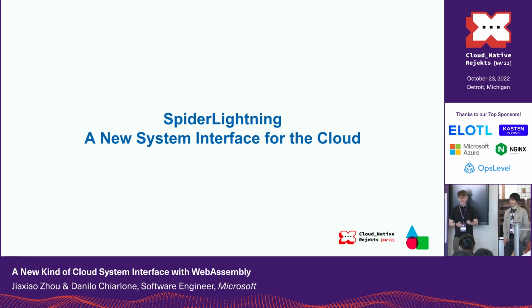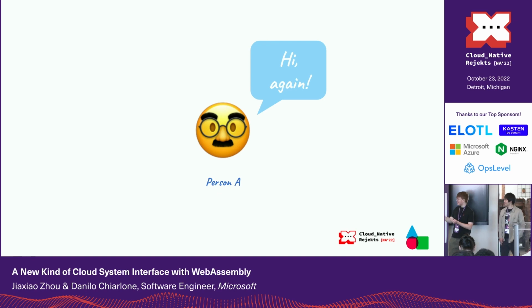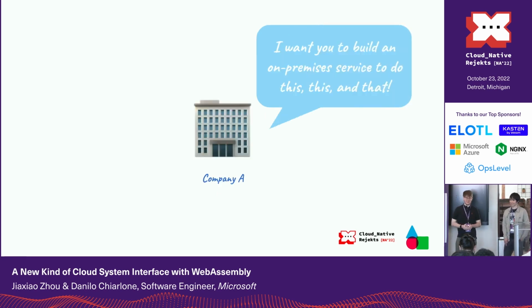And they say a lightning never strikes one place twice, but maybe a SpiderLightning does, because believe it or not, when we have Person A again, they get, once again, Company A at their new job wanting to make an on-premises service that does this, this, and that. So Person A, they're a changed person at this point, so they'll develop with SpiderLightning, they'll develop with Slight, which we don't know what they are yet, but they'll use it.